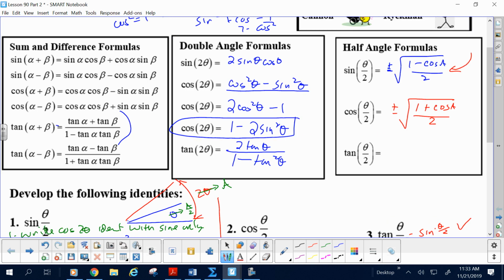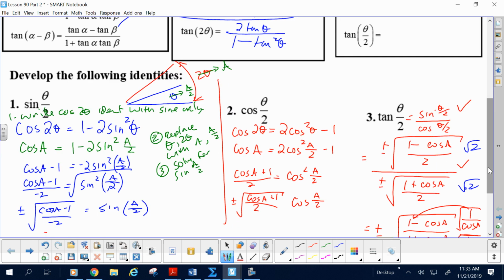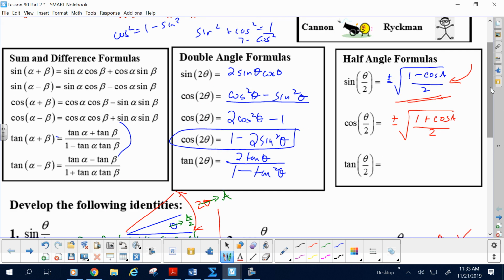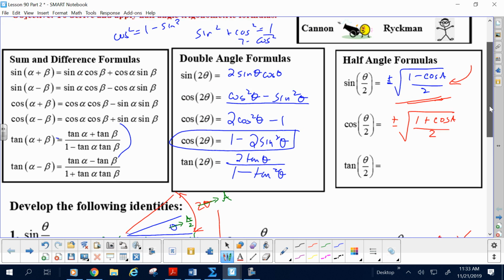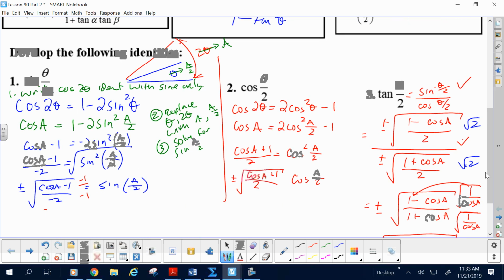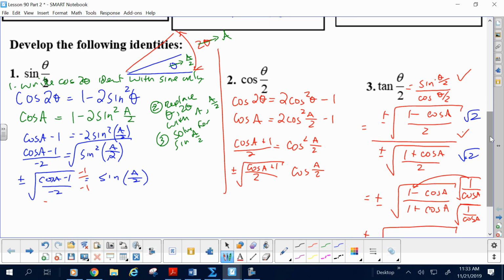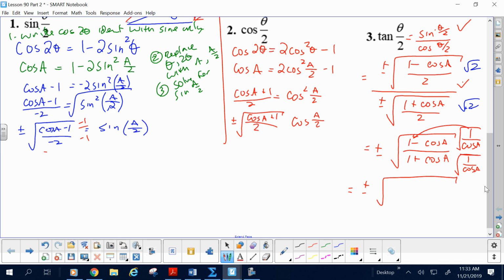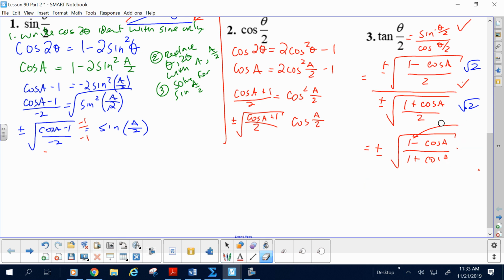Look at the cleaned up version right here. We wrote that as a cleaner version. Were you okay with clearing the 2's? Yes, sir. Okay, so you're good up to this point. Are you with me?